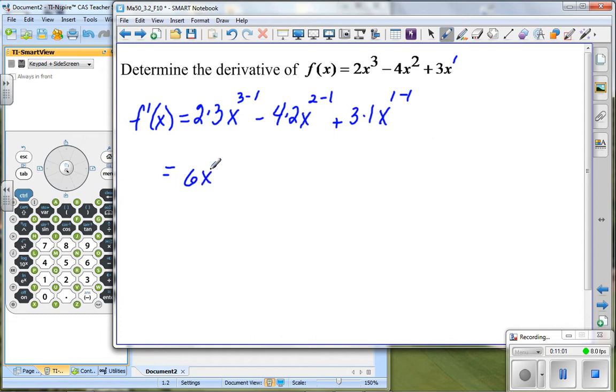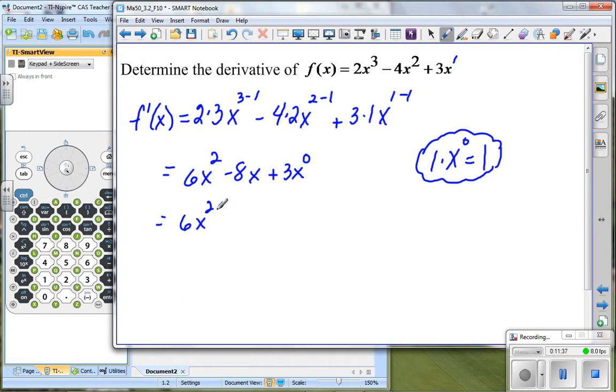Okay, so we'd have 6x squared minus 8x plus 3, and here I'm going to put 0 there just for the matter of conversation. What is x to the 0 power? I'm sure most of you will recall that that's equal to 1. Remember, the exponent tells us how many times we use the base as a factor. We're not going to use any, and so 1 is a factor of everything. And so we will end up with just 6x squared minus 8x plus 3.